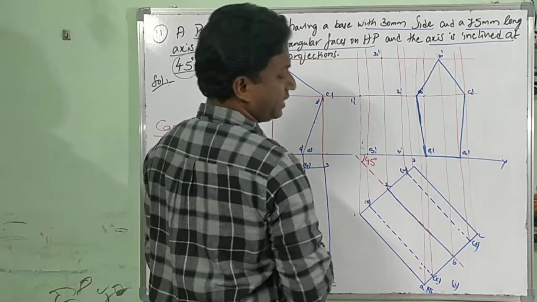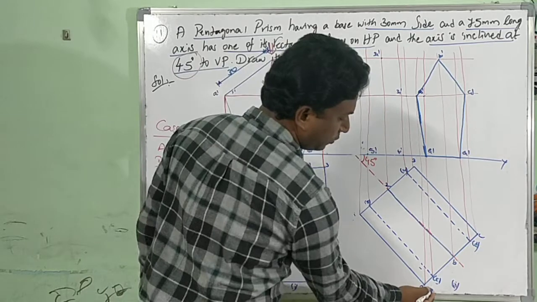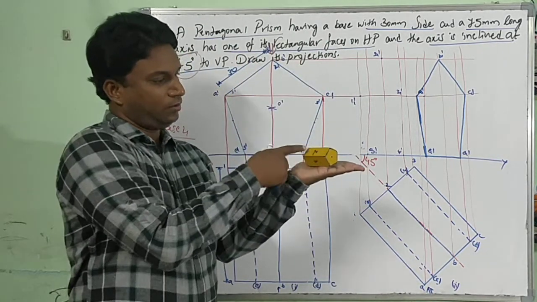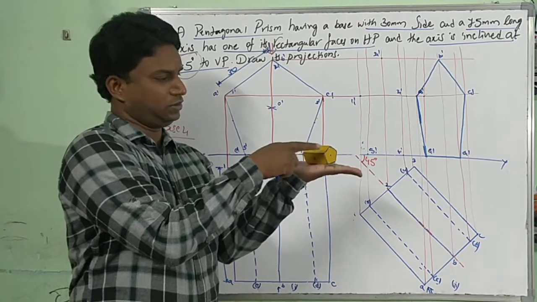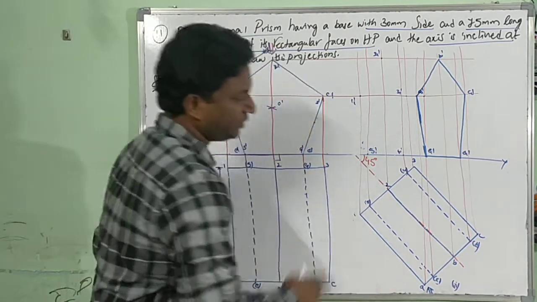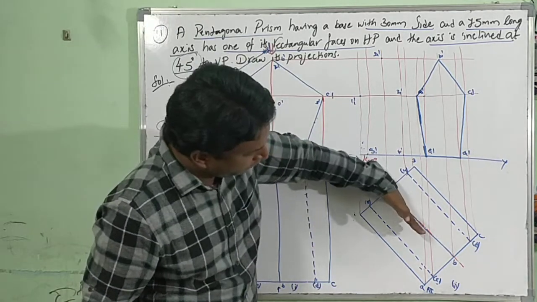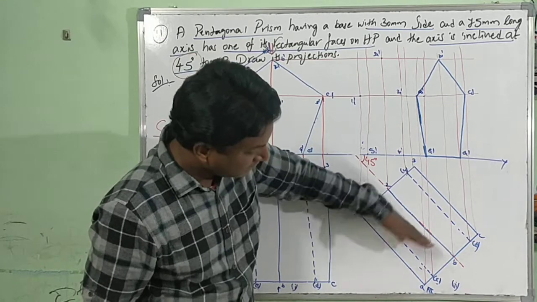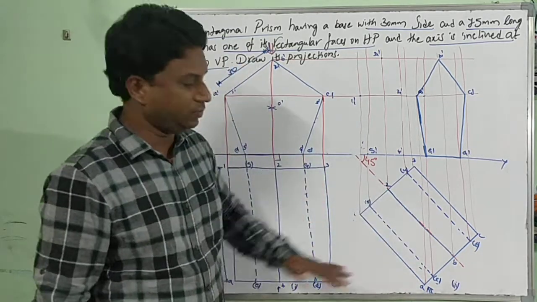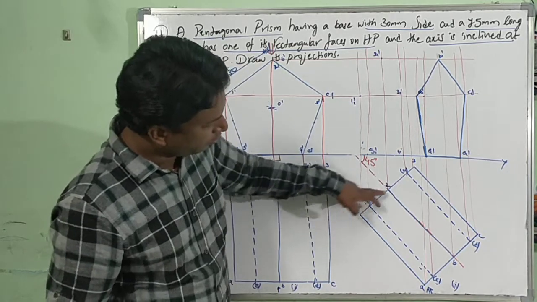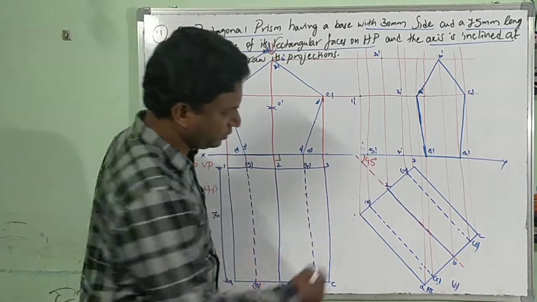Now, how about the other base? When you are looking from the front view, partially only these two are visible. This and this. Now, if you want to analyze from the figure, as I was telling, with respect to the central line, whatever edges are below it are clearly visible. Now, if you observe, with respect to the central line, 1, 2 is clearly visible.